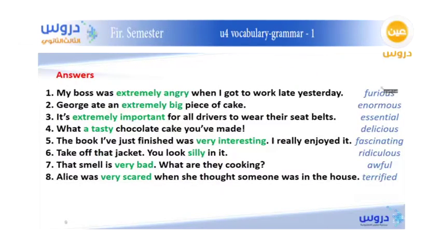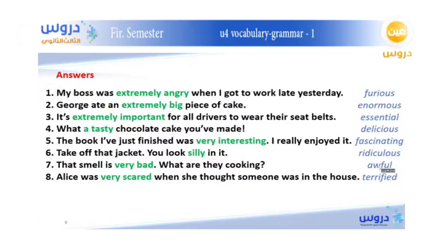Fascinating, absolutely right. Then ridiculous, awful. I remember this one. Yeah, awful. I think this is for Malak. Terrified, the last one. More than a star you deserve, honestly. More than a star. Excellent. 1, 2, 3.